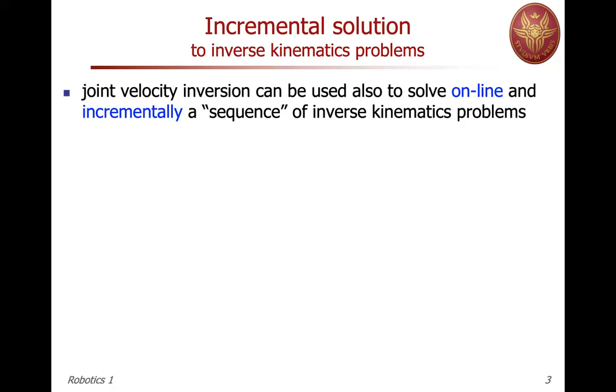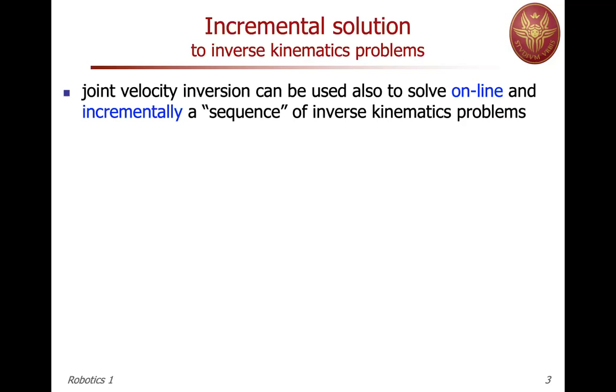So before proceeding with an example that will occupy us for a while, let me make this remark. We have seen the inverse kinematics problem, which is essentially an offline static problem: given a pose for the end effector, find the configuration. With numerical methods in particular, we have mentioned that we can repeat this problem several times if we have a sequence of pose data.